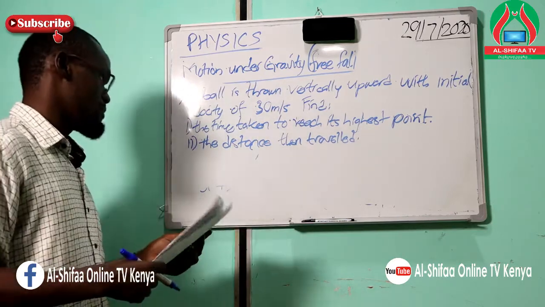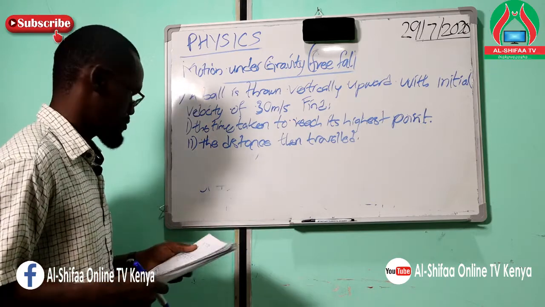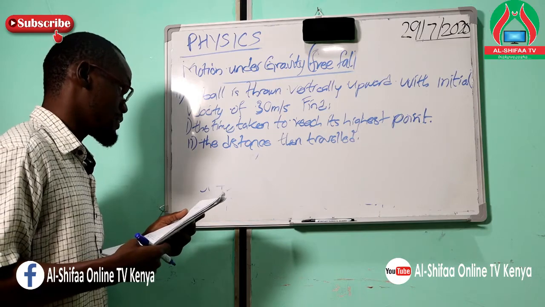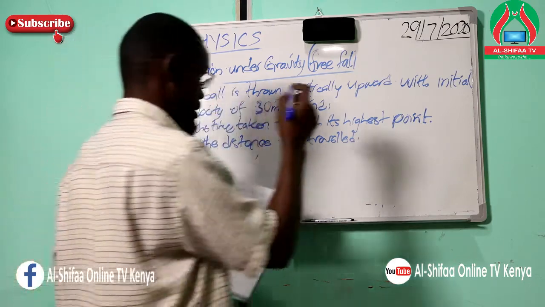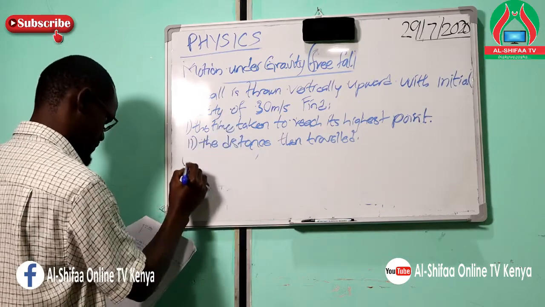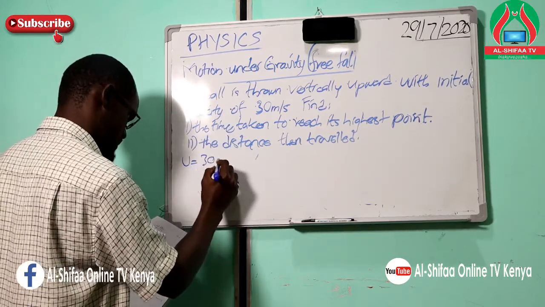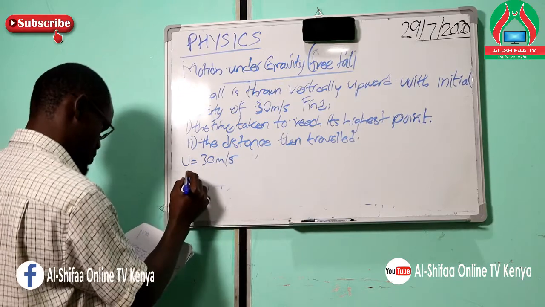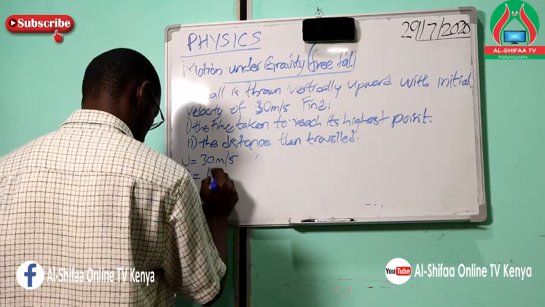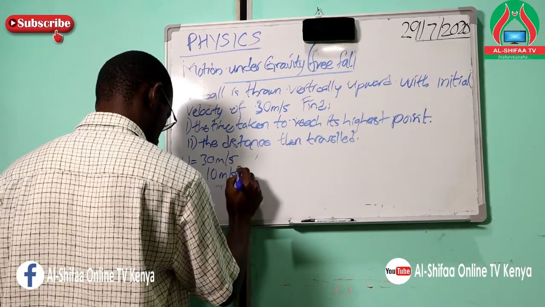Find the time taken to reach its highest point, then the distance traveled. So first of all, we identify the given information. We have initial velocity, 30 meters per second. We have our g, which is 10 meters per second squared.